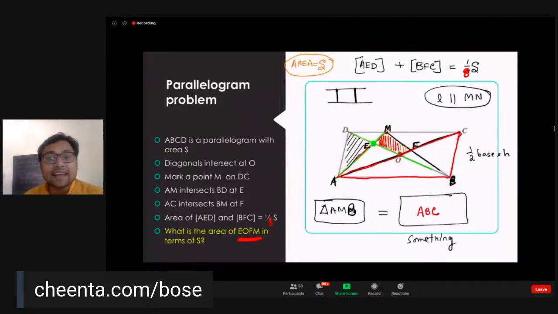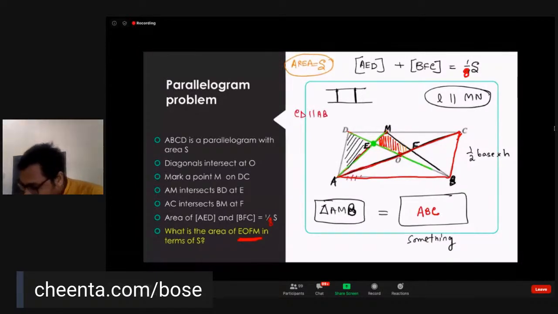Can anyone tell me why that is true? Why is it ABC? We are using that previous result that CD is parallel to AB.